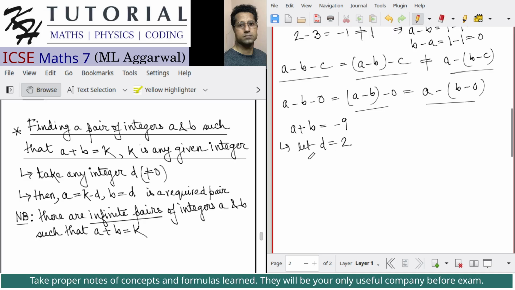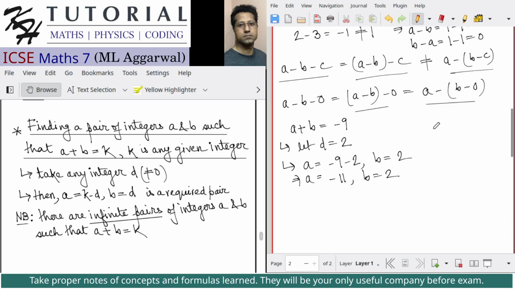You can take any other integer value. Now a will be k minus d. What is k? k is minus 9. So a is minus 9 minus 2, and b will be equal to 2. That is, a is equal to minus 11 and b is equal to 2. You see, their sum is minus 9.